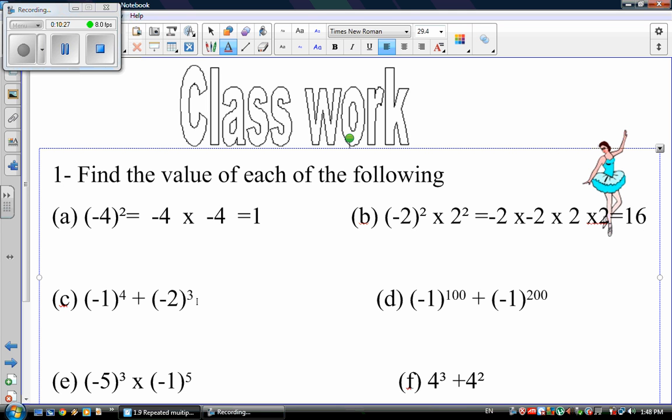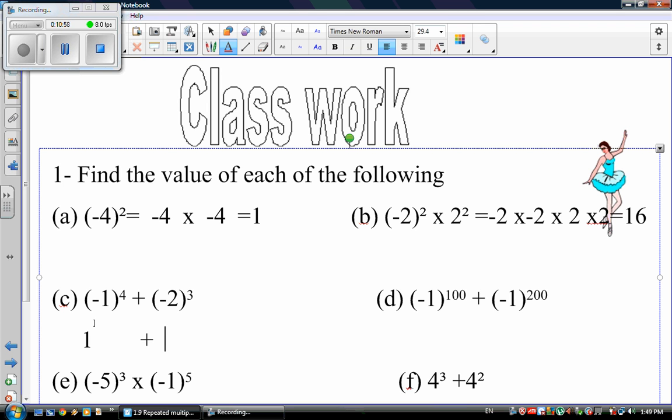The next one. Negative 1 to the power 4 will be negative 1 times negative 1 times negative 1 times negative 1, which will be 1, plus negative 2 times negative 2 times negative 2.